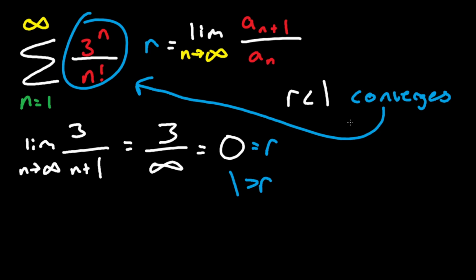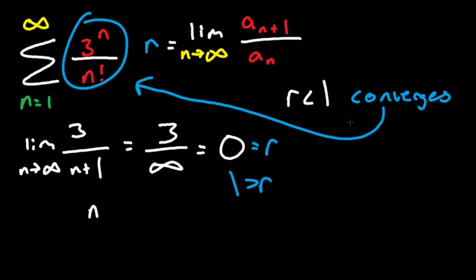If the factorial is in the denominator, then you have an exponential in the numerator. Factorials always grow way faster than exponentials, right? 3 to the power of n is exponential. So, due to the fact that this factorial grows so much faster than this exponential as you go into infinity, the numbers are getting so small that you converge as you go into infinity.